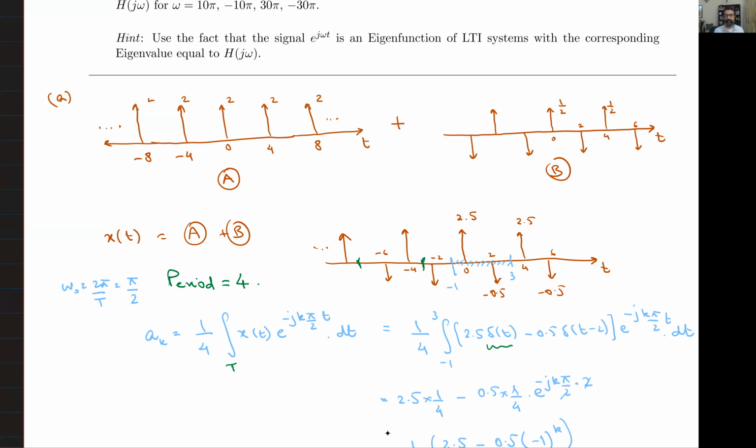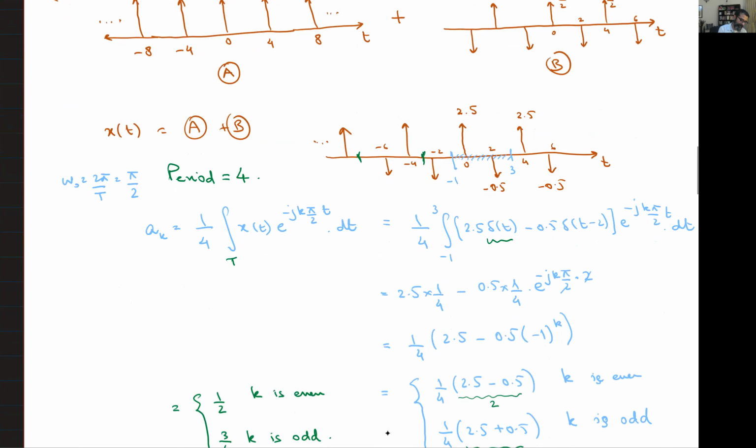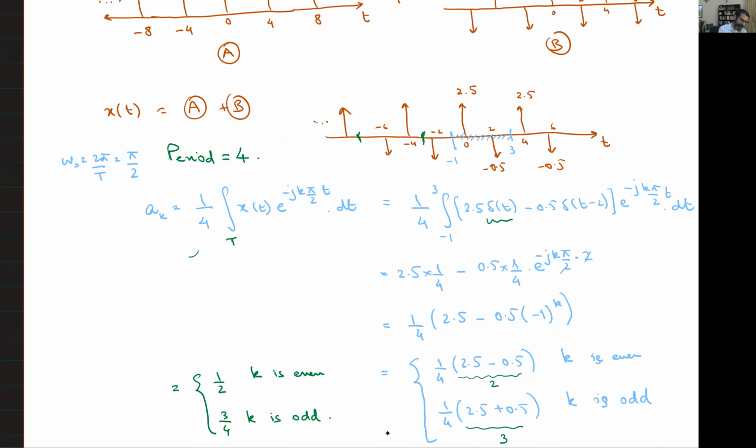Okay. Now the only issue that's remaining is what happens if I choose these limits from 0 to 4, right? If I take 0 to 4, how many impulses come inside 0 to 4? That's where people may get confused.